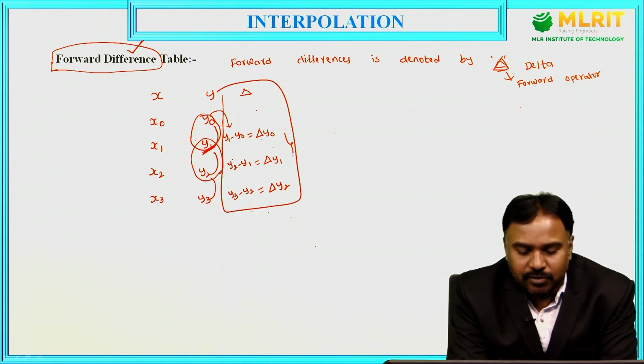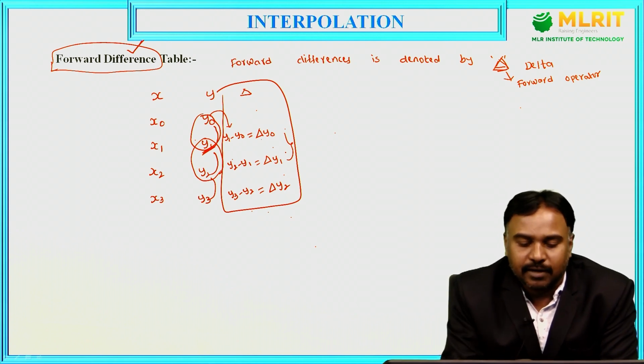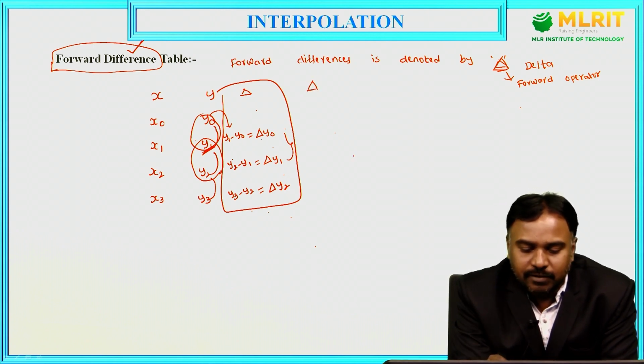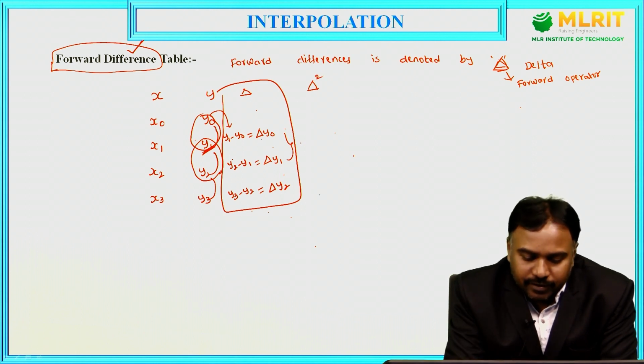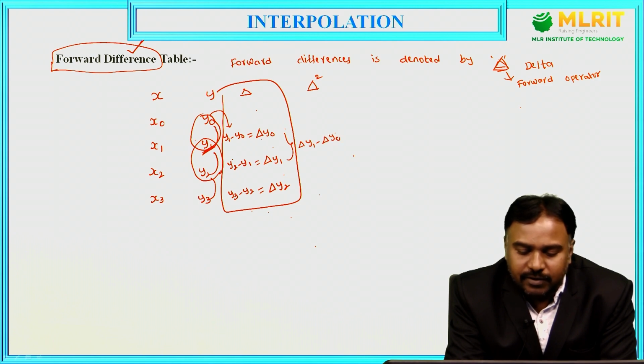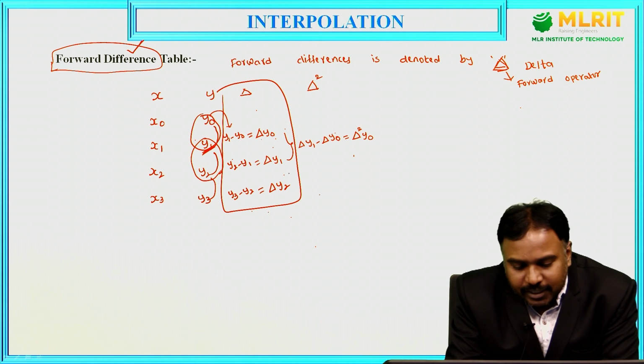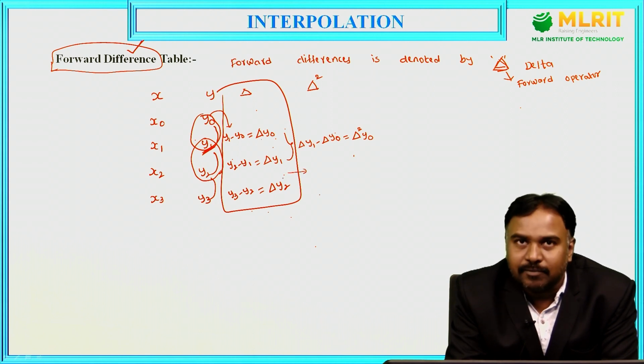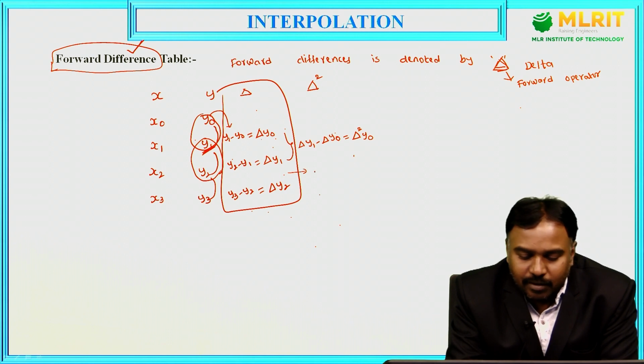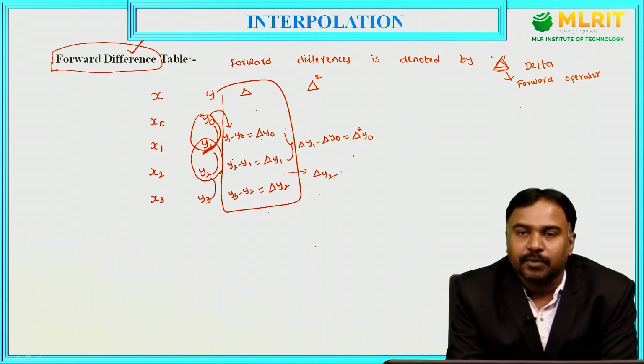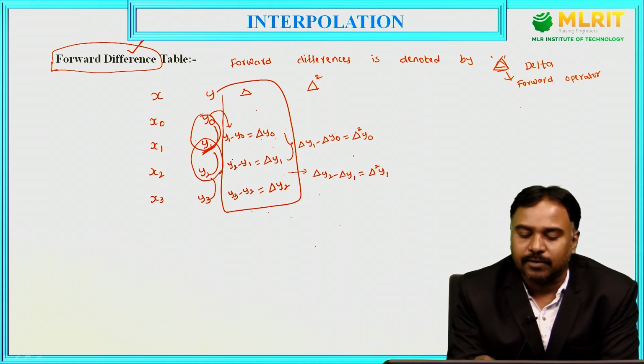Similarly, differences of these differences are called second order differences, denoted as delta square. The difference of the first order differences, for example delta y1 minus delta y0, gives delta square y0, and delta y2 minus delta y1 gives delta square y1. We write the differences between the middle of the values so that it is understood easily.